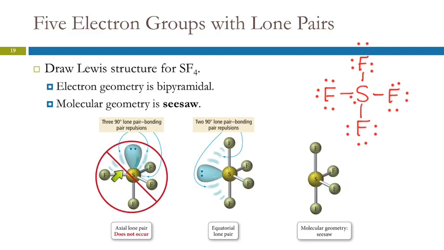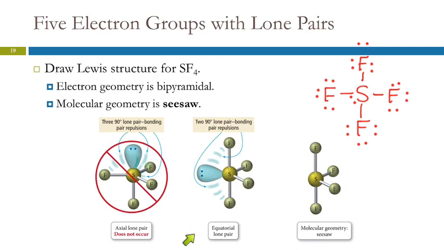So that lone pair is not going to go into an axial position because then it's going to have 90-degree angles with its neighbors. If it goes into an equatorial position, it has 90-degree angles with these neighbors, but 120-degree angles with these neighbors. And so that's a little more space, and so that's what it's going to do. So the lone pair needs the most space, so it'll go into the equatorial position.